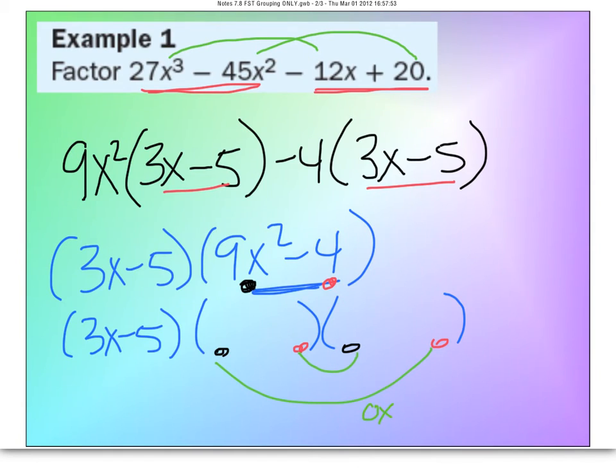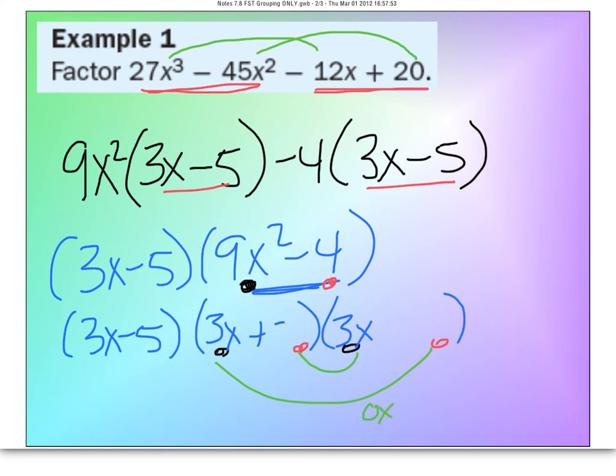So the trick is when you see two numbers that can become perfect squares, odds are the combination is its square root, so 3 times 3 and 2 times 2. So let's do 3x and 3x here. Now the two numbers have to multiply to negative 4, so that would be positive 2 and negative 2.